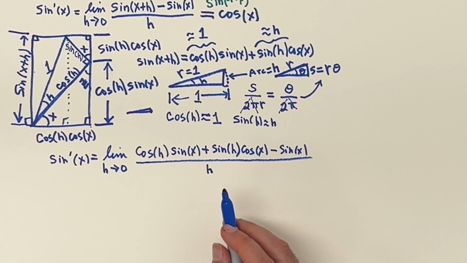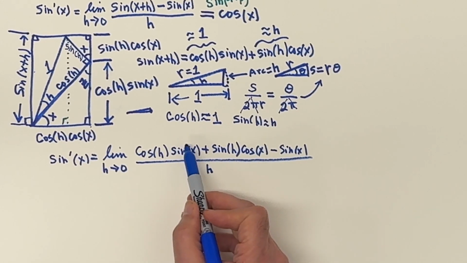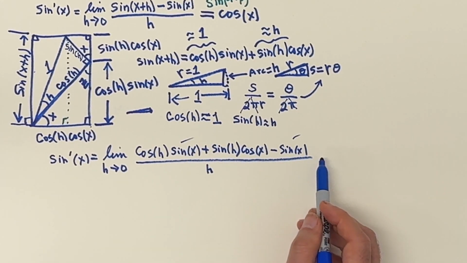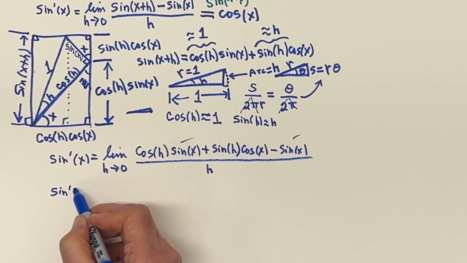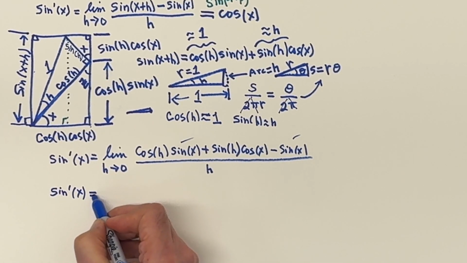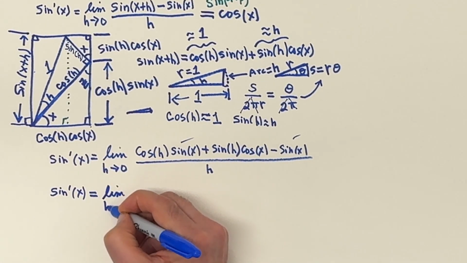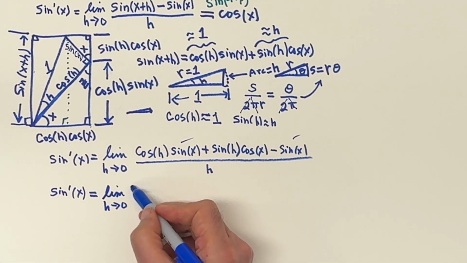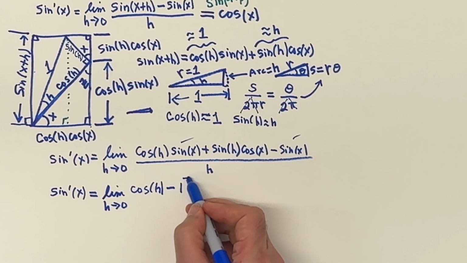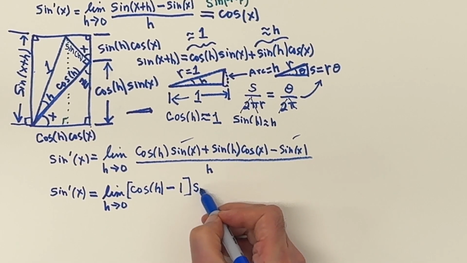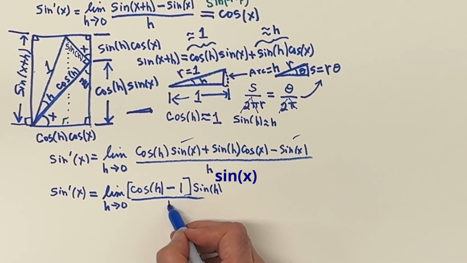So now we're going to have two parts here. I'm going to look at the part that has the sine of x in common, and then I'll look at the other term. So the derivative of the sine with respect to x here is going to be the limit as h goes to 0 of the cosine of h minus 1, I'm pulling out the sine like this, and that's going to be all over h.